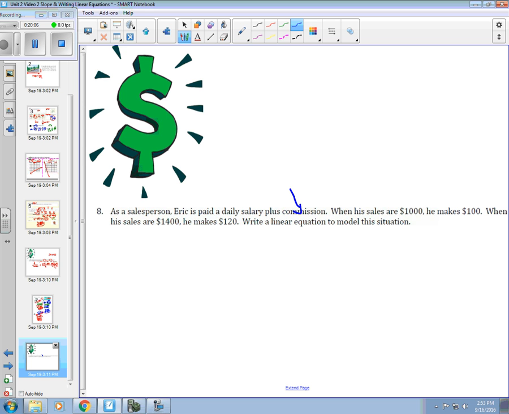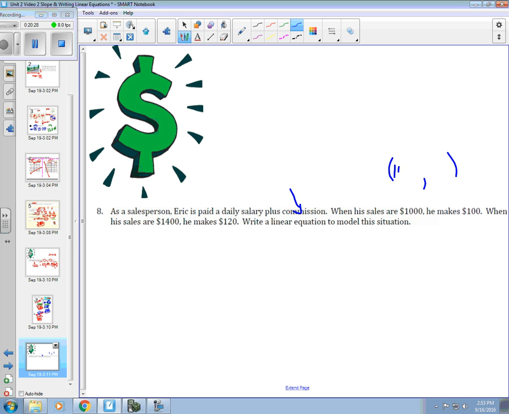So what we want to do is come up with some ordered pairs that we could use then to find out how much he makes. So our ordered pairs here are when he sells 1,000, okay?